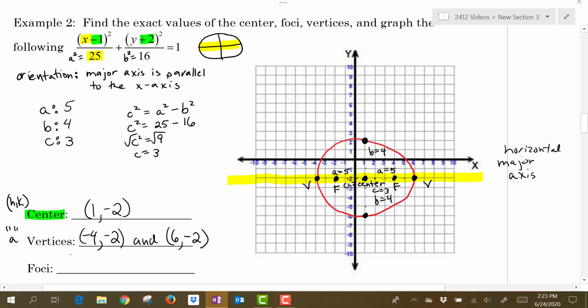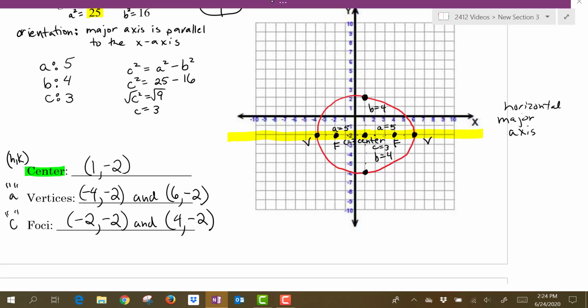Alright, so what are those points? It's that -2, comma, y value of -2. And then the one on the right is 4 for x, and then the y value again is -2.